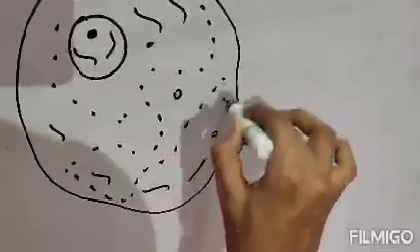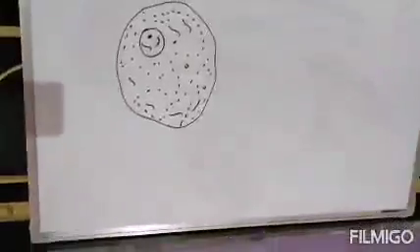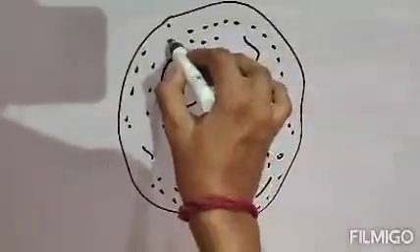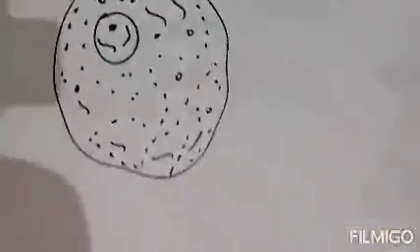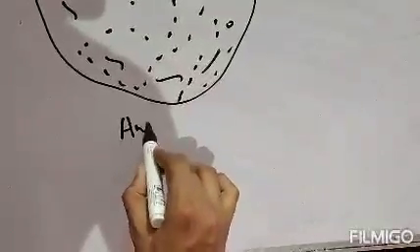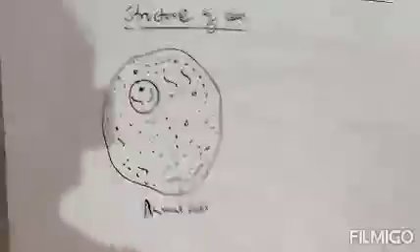These are actually your cytoplasm. So an animal cell almost looks like this. Clear?